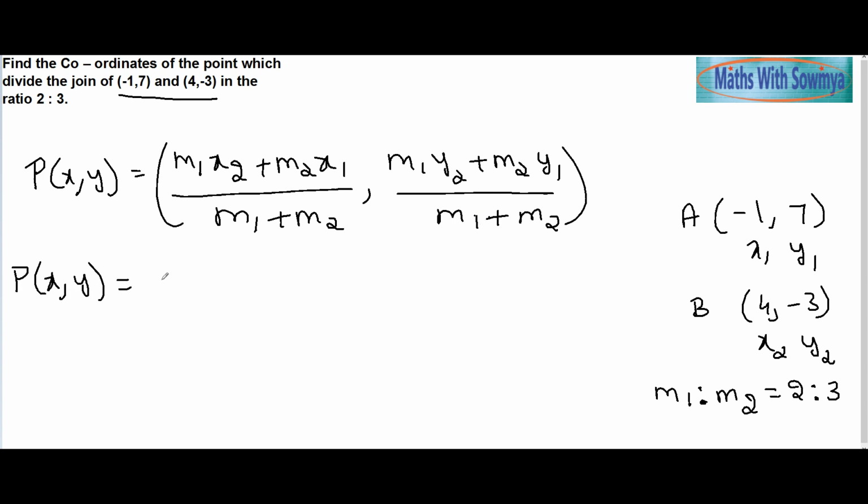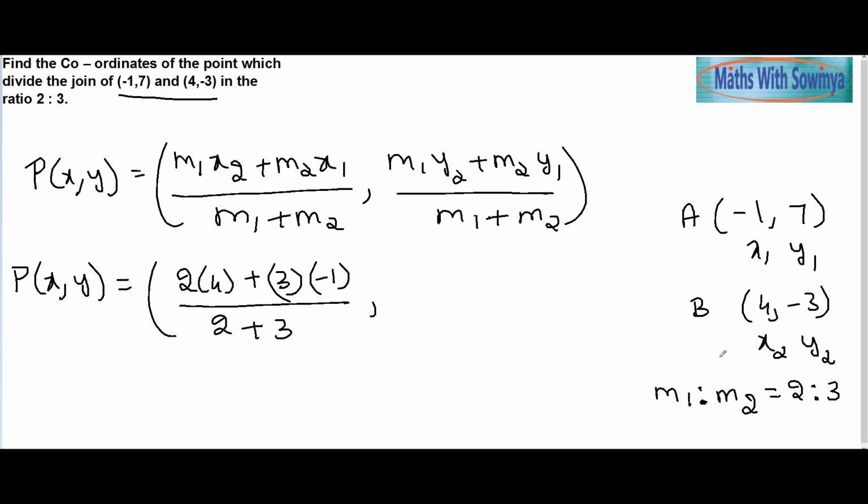We will get the value here. m1 is 2, X2 is 4, plus m2 is 3, X1 is -1, divided by m1 plus m2, which is 2 plus 3. Similarly, m1 is 2, Y2 is -3, plus m2 is 3, Y1 is 7, again divided by 2 plus 3.